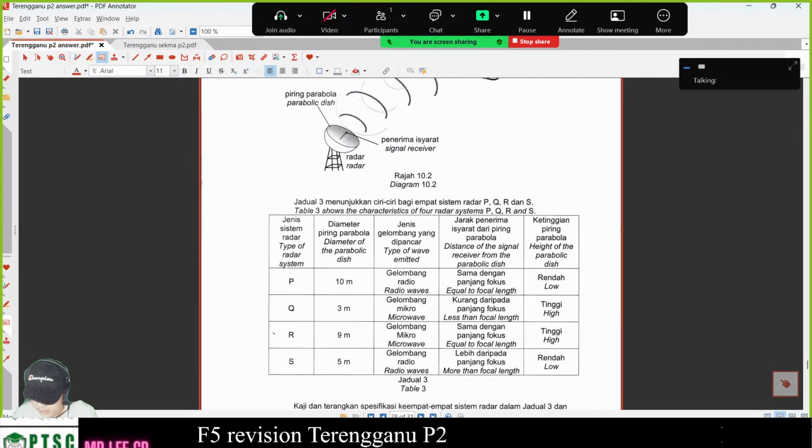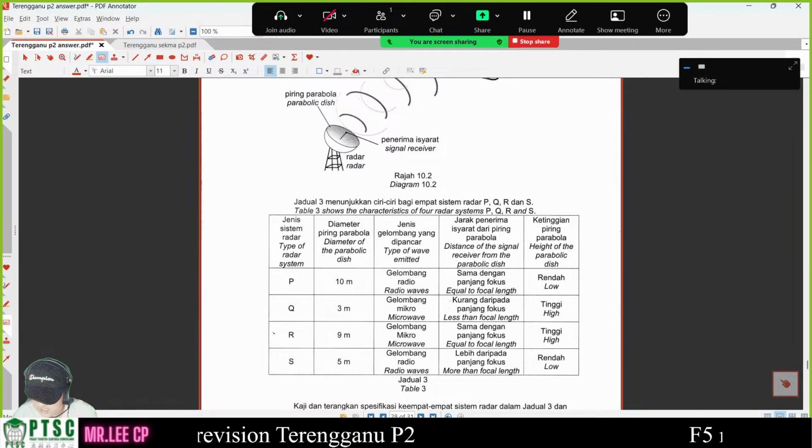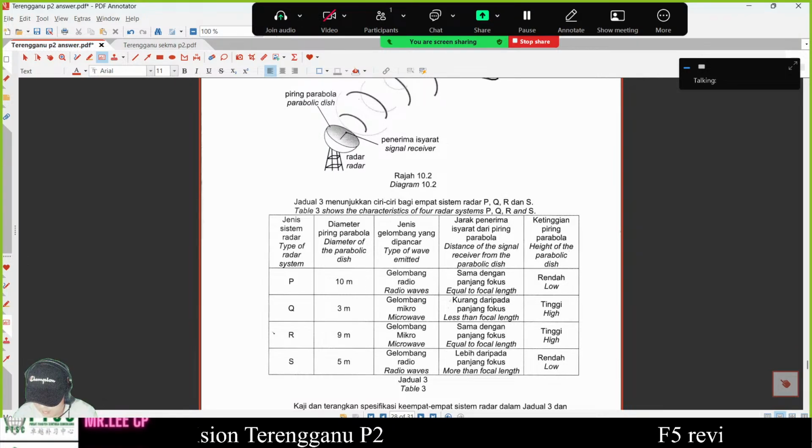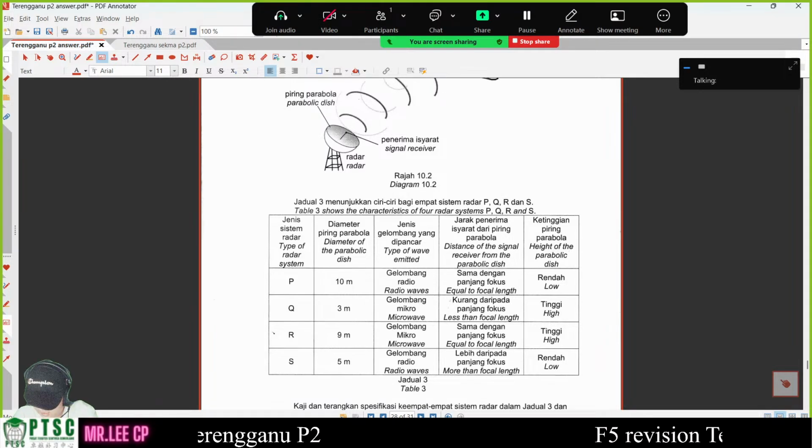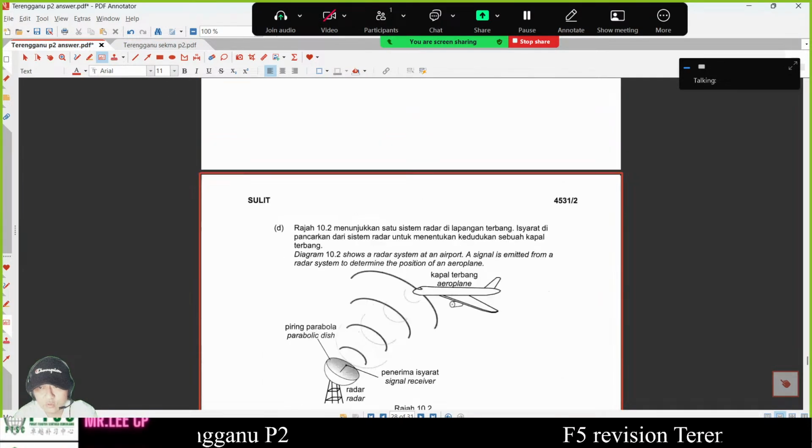Now the distance of the signal received from the parabolic disc is the same as the focal length.